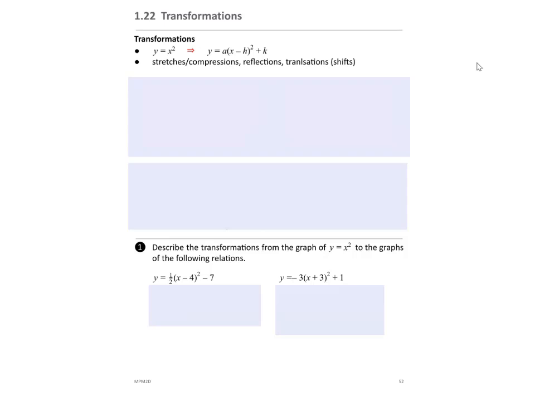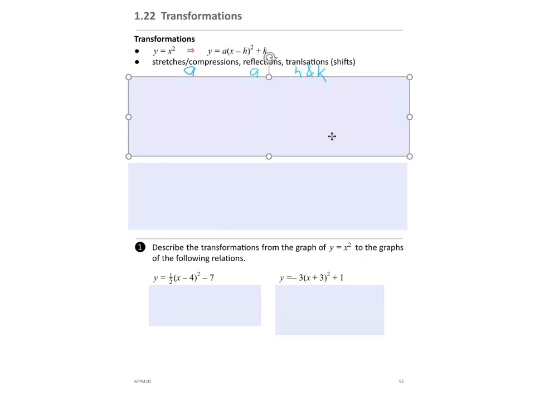The transformations, stretches and compressions are brought on by the a value. The reflections are also brought on by a. Translation shifts are h and k.